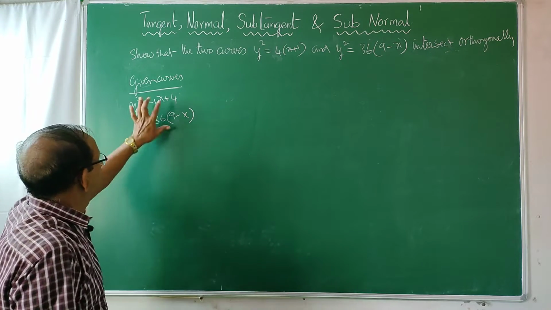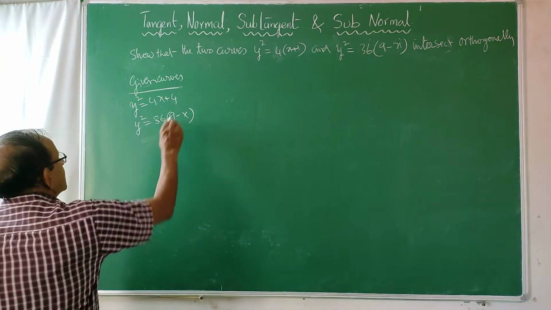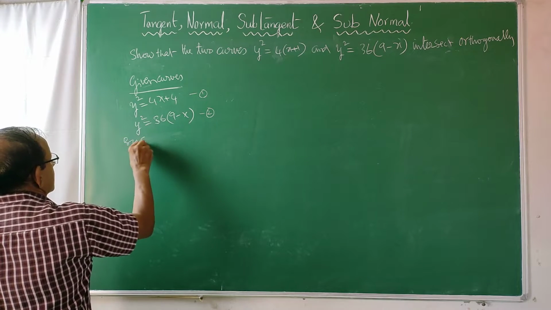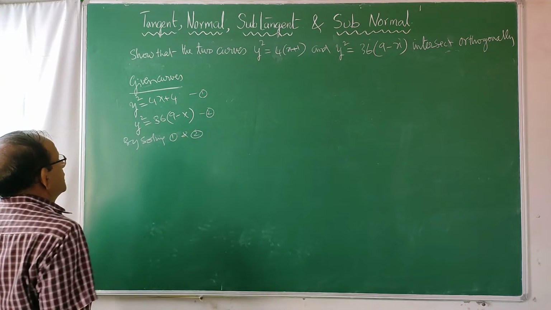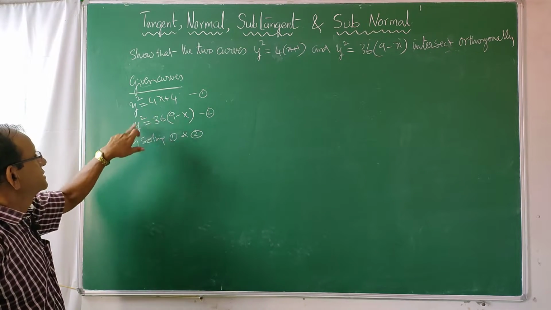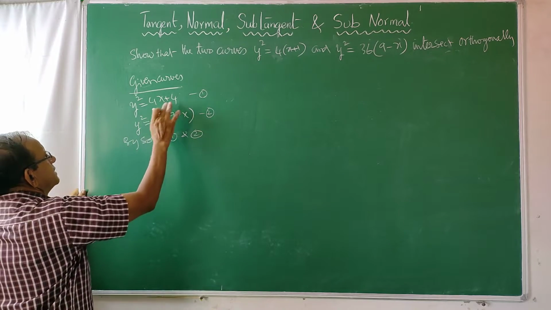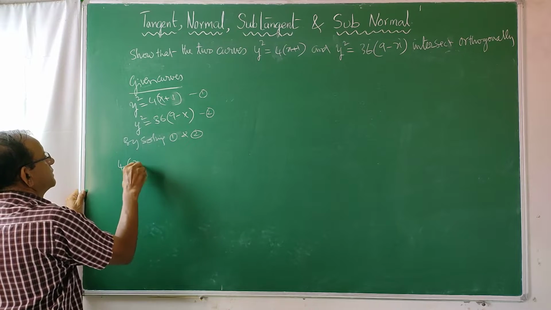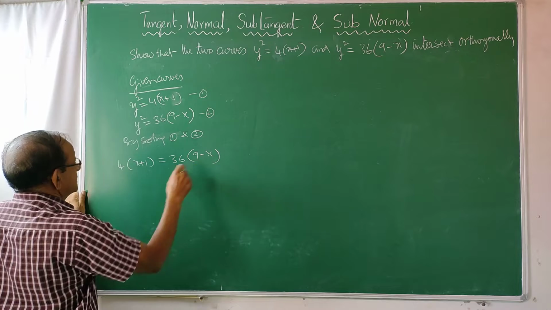So for that purpose, you have to solve these two curves to get the points of intersection. By solving 1 and 2, both are the values of y square only. So equate y square values. First one is, you can take it as 4 into x plus 1 only. 4 into x plus 1 is equal to 36 into 9 minus x.